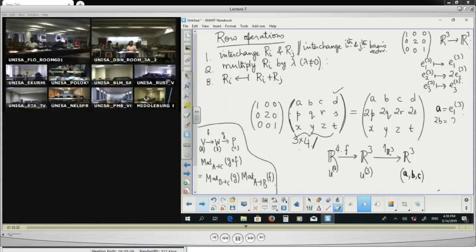Okay? Yeah. And similarly over here, 0 times A plus 0 times B plus 1 times C. So C is, so therefore your change of basis is still the same, right?